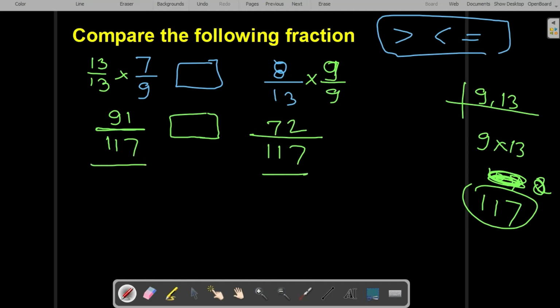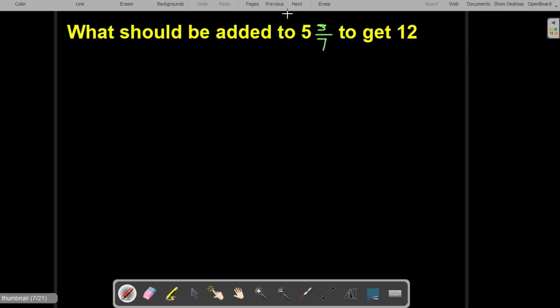Now with 117 and 117, you can compare these two. Is 91 greater or 72 greater? 91. That means this sign is going to be like this. So this is our answer: 7 upon 9 is greater than 8 upon 13.